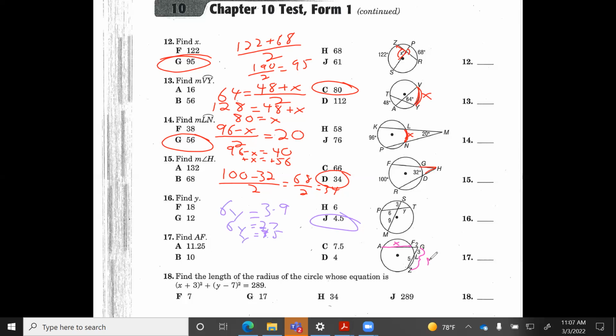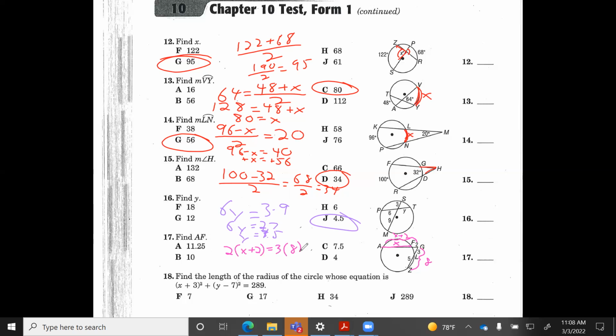So 3 and 5 give me 8. On this side, I have 2 and x for x plus 2. So again, my equation, exterior 2 times whole, x plus 2 is equal to exterior on the other side, 3, whole was 8. Anytime you're dealing with the length of secants, it's the exterior times the whole. You can never use the interior by itself.